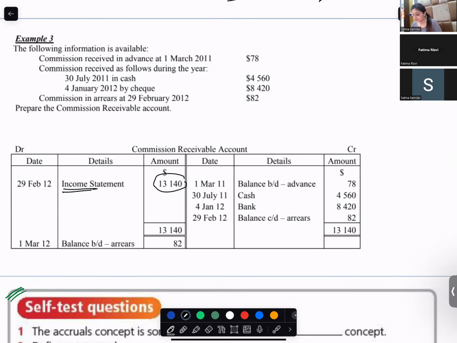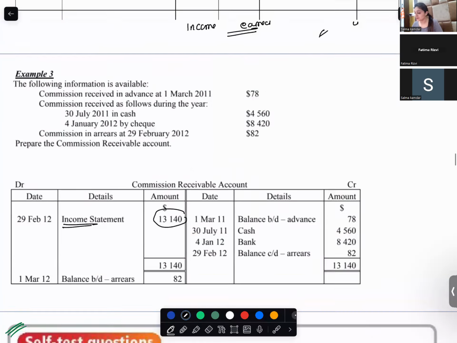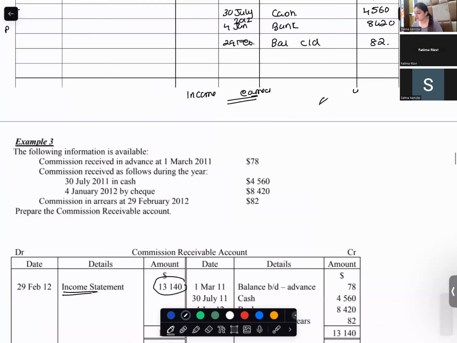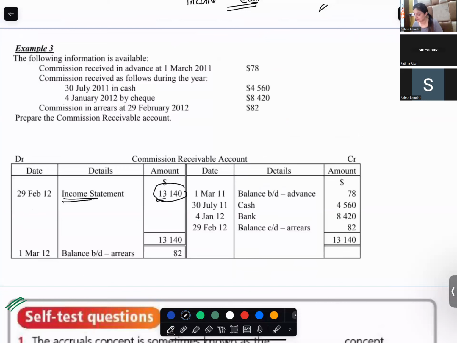So don't be in a rush to write this or this as the balancing figure. Your balancing figure will be this, and don't forget to bring down this balance on the first date of the next year. I'm waiting for you to complete this sum.